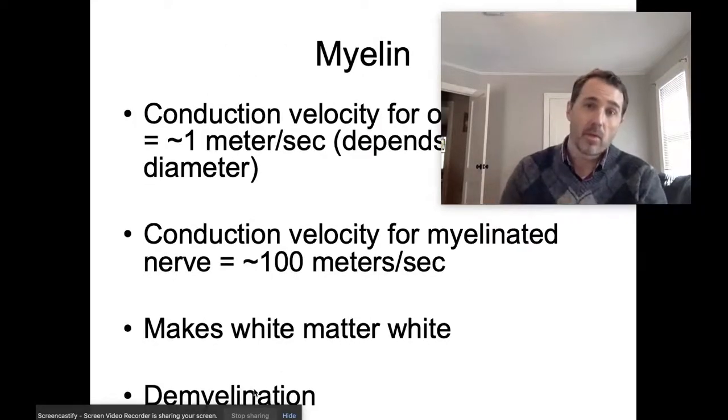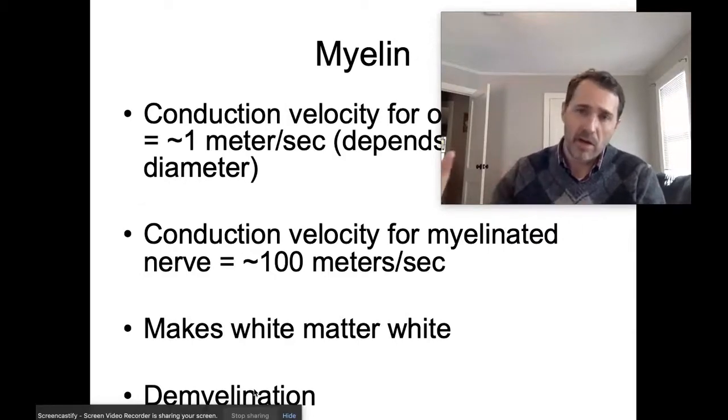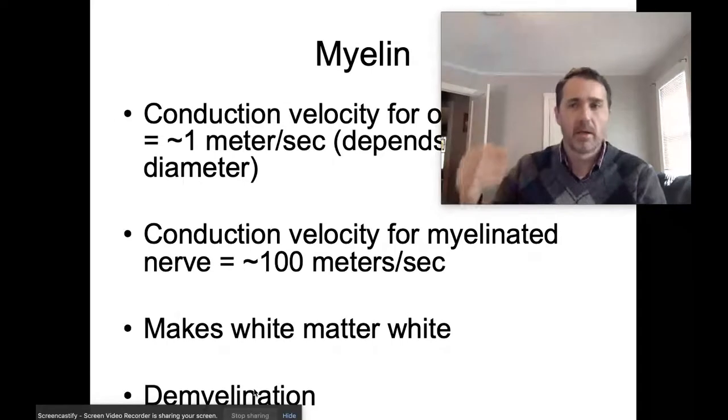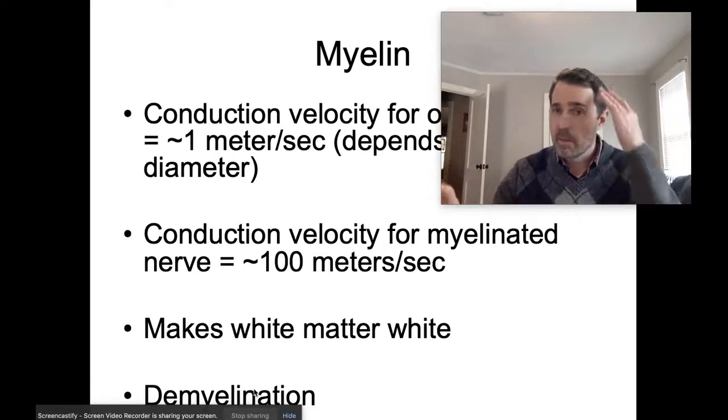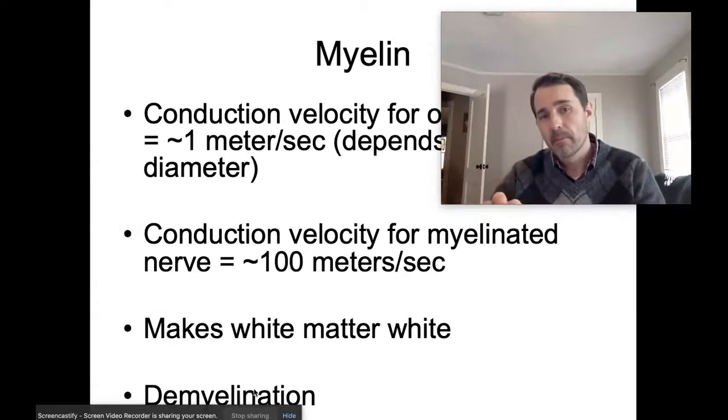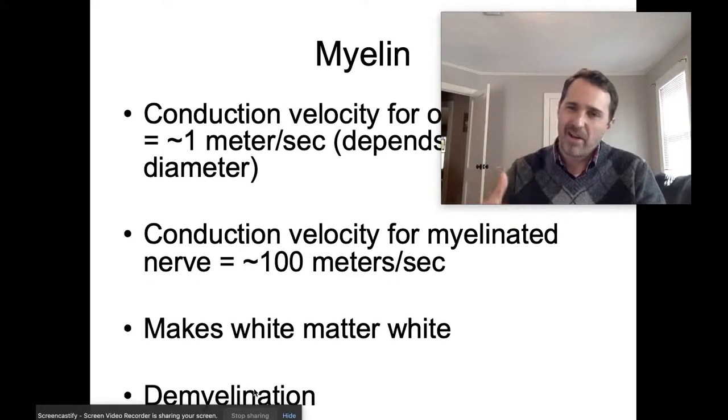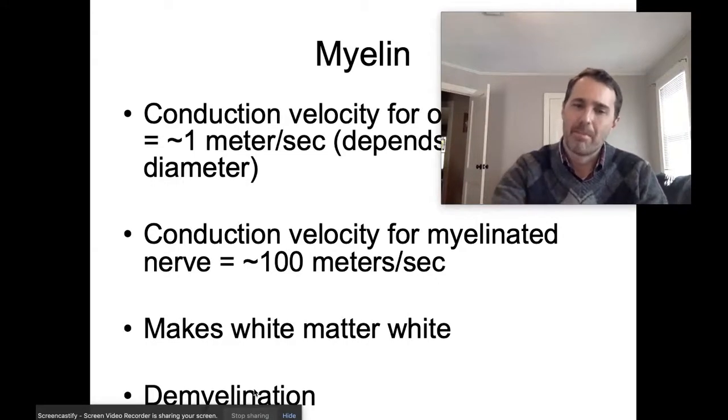The neurons that are really responsible for transmitting impulses over large areas of our body, like the afferent pathways that are transmitting sensory information from my hand up to my brain, or the neurons that are responsible for transmitting motor information from my brain to my hand, these neurons have a coating on them of a white fatty substance that is referred to as myelin.